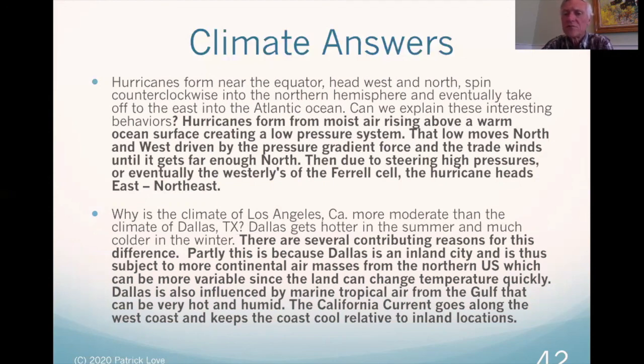It's also subject to marine tropical air masses from the Gulf that can be very hot and humid. If you talk about Los Angeles, first of all, it's a coastal city, so it's moderated a bit by just being close to a body of water that doesn't change temperature very quickly. But second, there is a California current that's part of the general circulation system that moves along the California coast and tends to keep the West Coast more temperate.